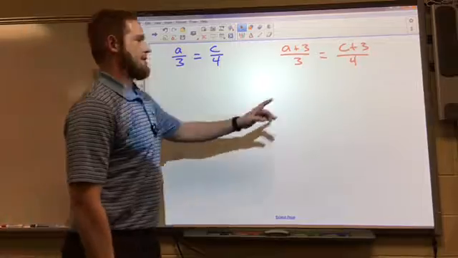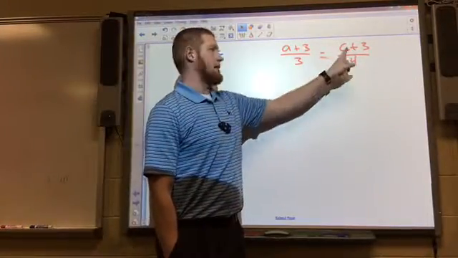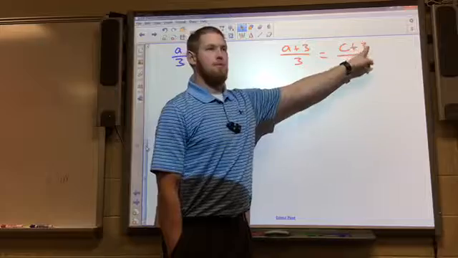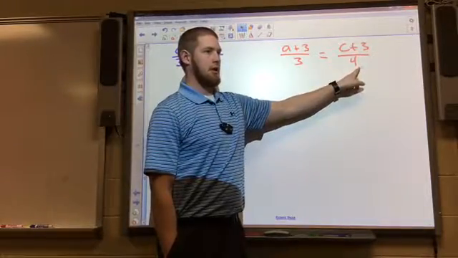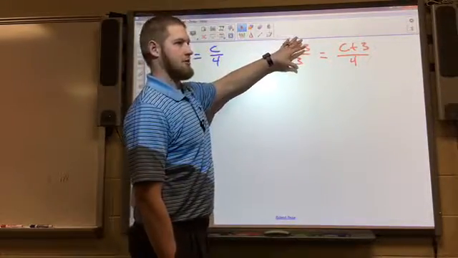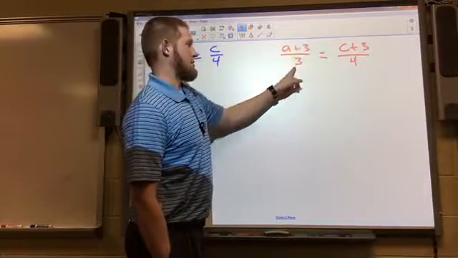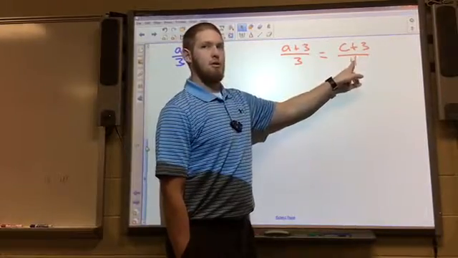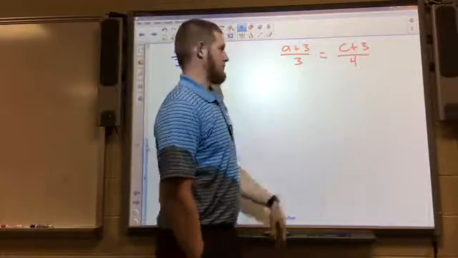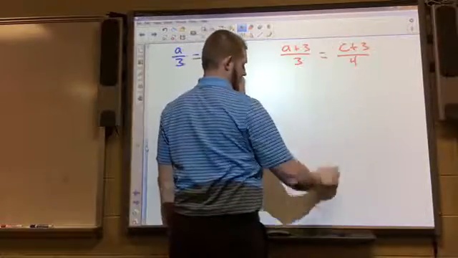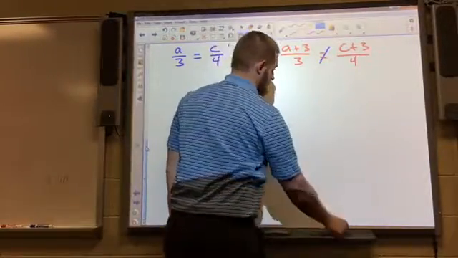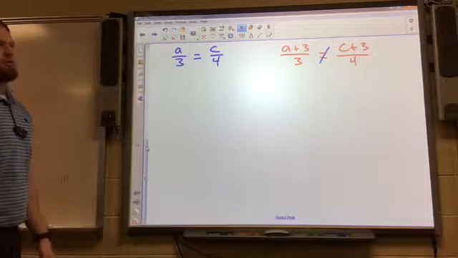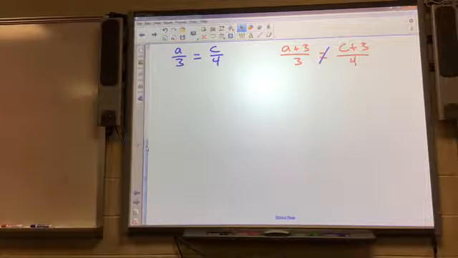The right side is not that, because to be the same, it should be C plus 4 over 4. Okay? When you're doing it like this, each side is its own. Okay, you're adding the same thing here. Over here, did you add the same thing? No, those are different. A 3 and a 4, those are definitely different. So, are these equal? No. Those are not equal to each other. Okay, you're not going to have a lot of problems like that, but you do need to be aware of that scenario.